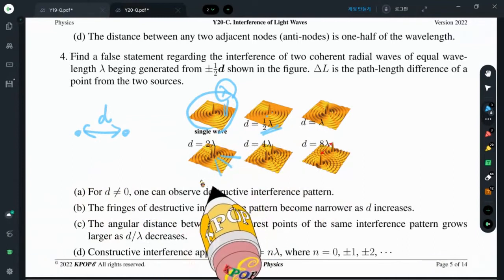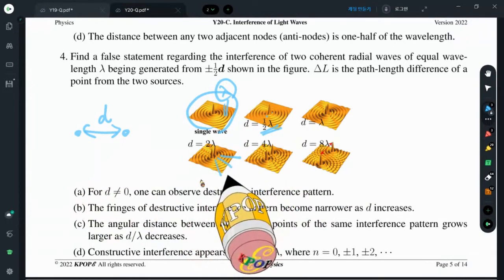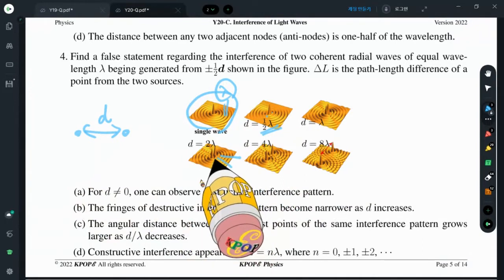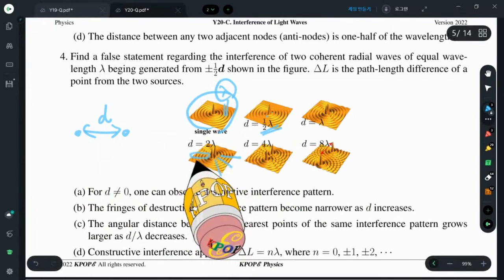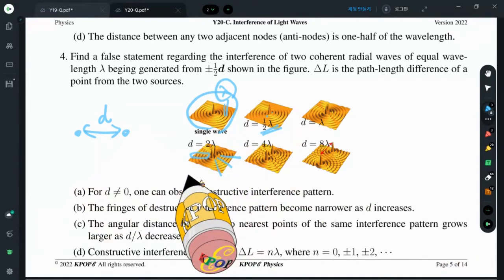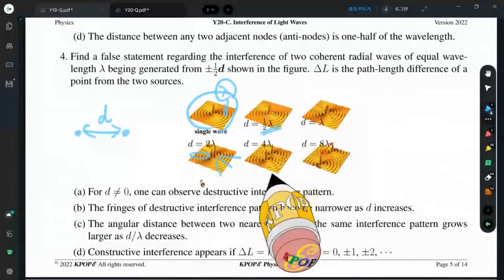If it is a light wave, these fringes will be dark and bright points, and this is a dark point, and these are bright points. If it is in a ripple tank, it is just a wave.